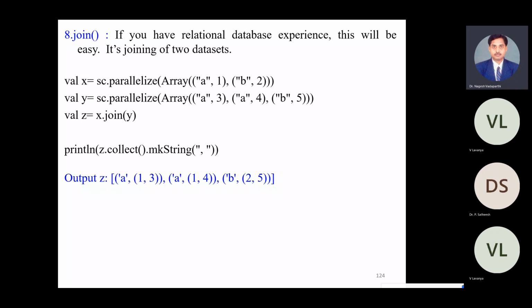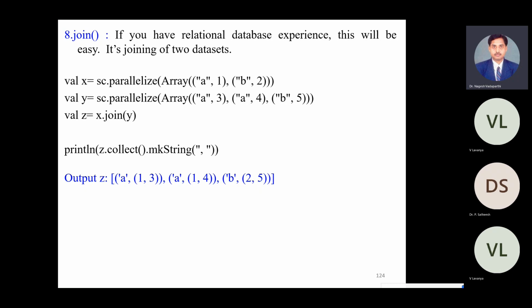Then if you see the join, if you have a join data set, this will be easy. It's joining of two data sets. Join is a transformation function. Suppose I'm taking x and y as the input variables. x is sc.parallelize of Array(a,1), (b,2).